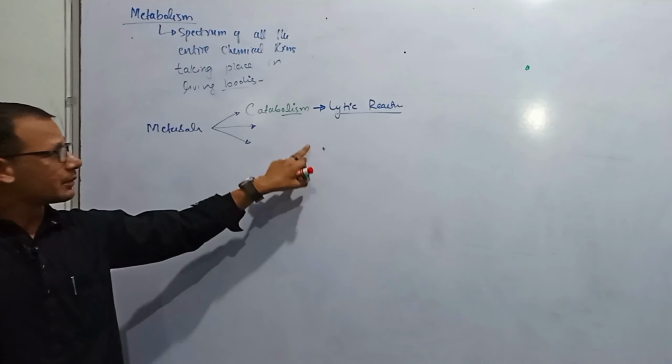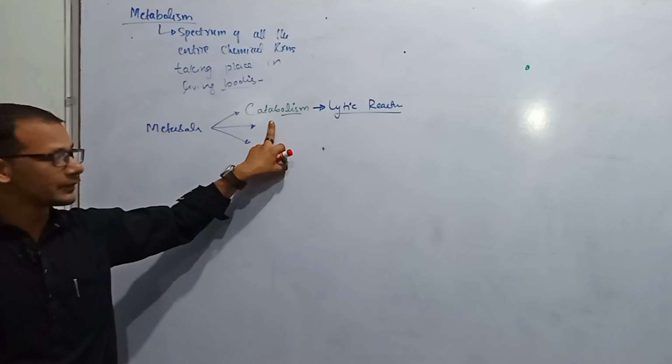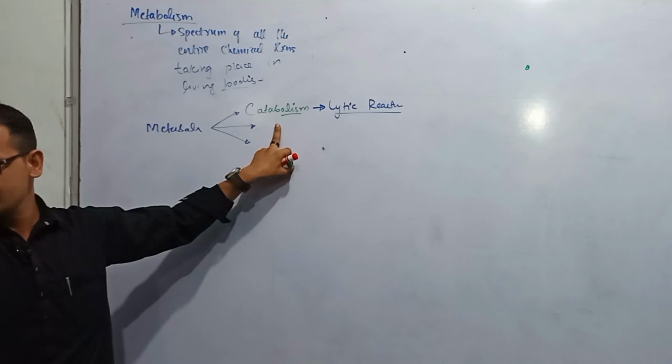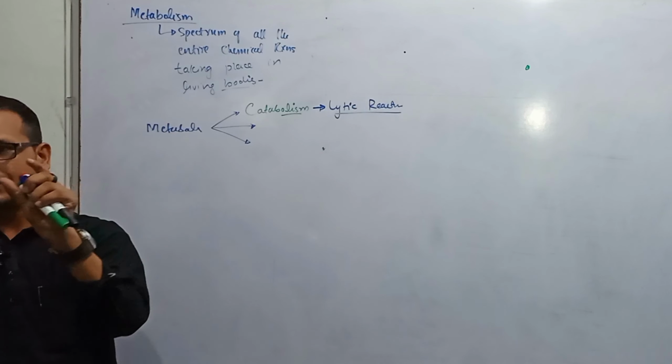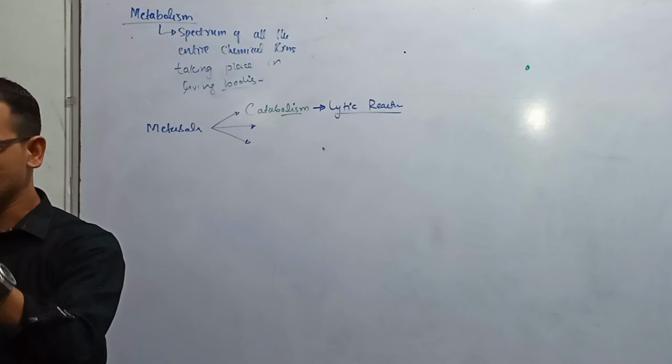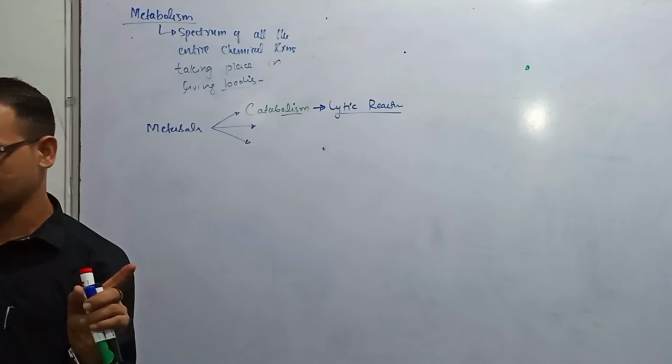inside the body. But remember, in catabolism, when the complex molecules are broken down into smaller ones, it means that the energy rich molecules are converted into energy poor molecules, right?